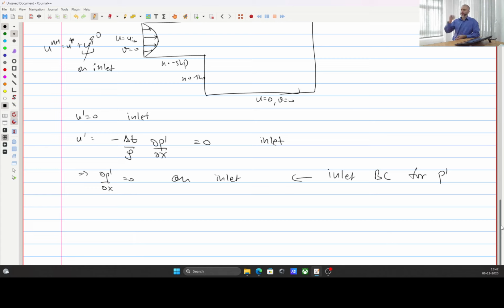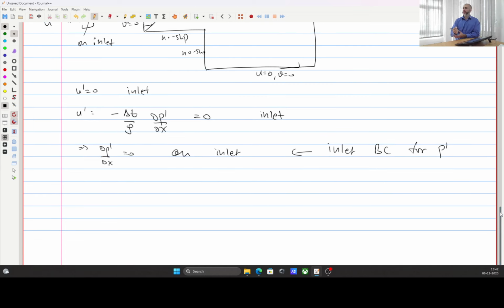If you make it equal to 0, it becomes a homogeneous Neumann. The same kind of conditions you get in heat conduction, for symmetry or adiabatic situation when there's no heat flow out. So we know how to deal with these conditions for Poisson equations. So we're getting a link here: if the boundary condition for velocity is Dirichlet, then the boundary condition for pressure, I keep saying pressure, it's actually pressure correction, is Neumann.